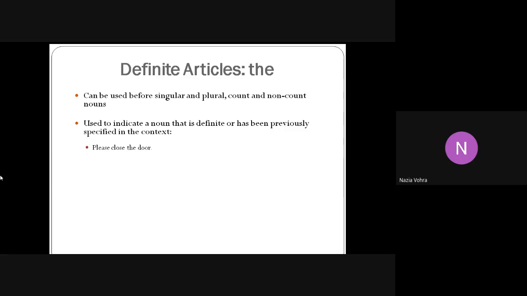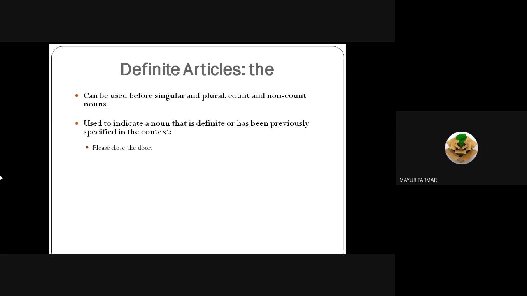But next time again he's saying, "Ma'am, let's meet at that place, the burger shop where we met last time. Can we meet at the same burger shop we met the last time?" Now it is a specific place, because earlier I didn't know, but now I know which burger shop he is talking about. So now it is specified. That is why it is said previously specified in the context. Have you understood, guys?